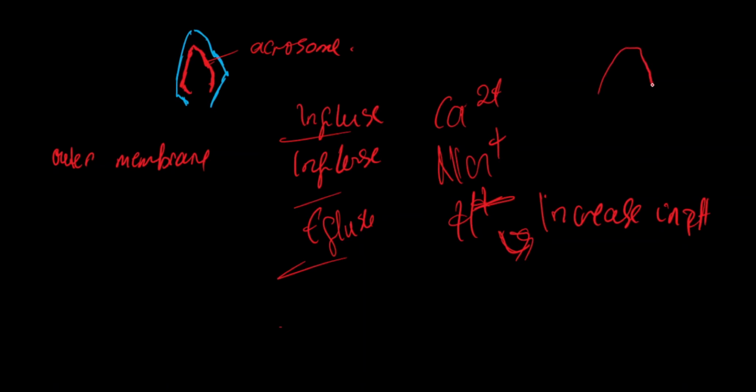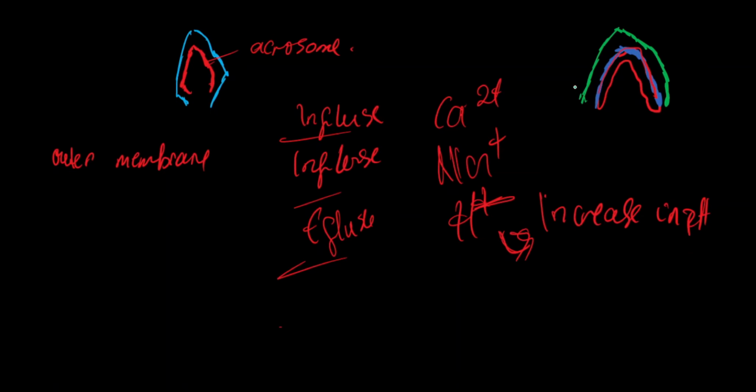If this be the acrosome, a cap-like structure like this, highlighted in blue would be the outer acrosomal membrane, and remaining in red is the inner acrosomal membrane. Represented here in green would be the plasma membrane of the sperm head.